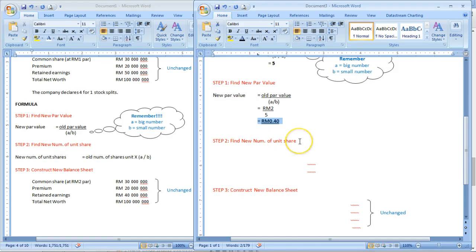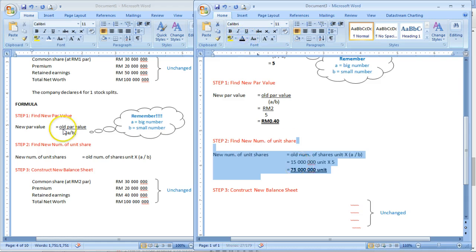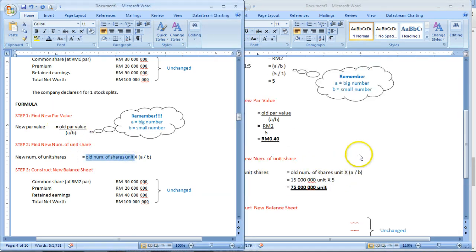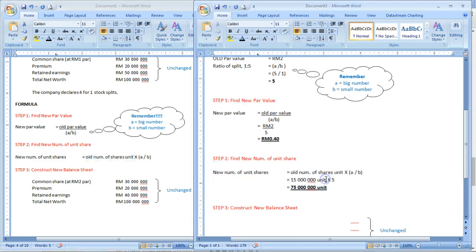Now, how many unit shares do you receive when you split the stock, class? Using the formula, the old number of shares in units times 5. From where do I get this 15 million?